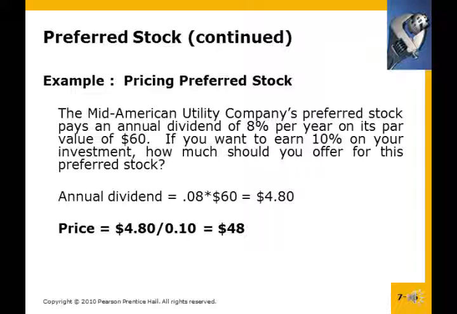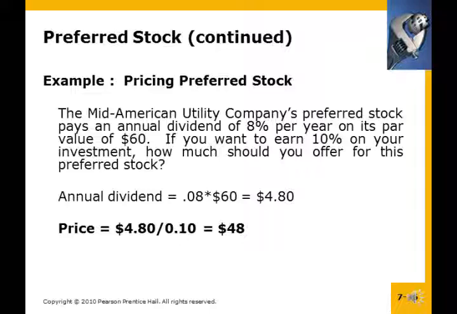You have an 8% annual dividend, which is the dividend rate, and par value equal to $60. So to get the annual dividend, you multiply 8% with $60. So 0.08 times 60 will be equal to 4.8.